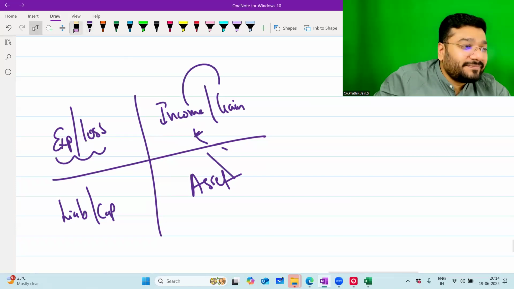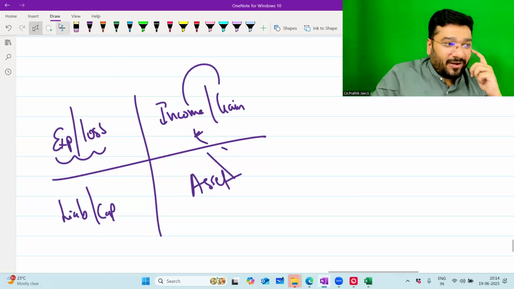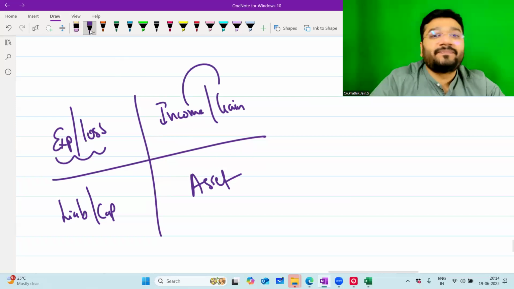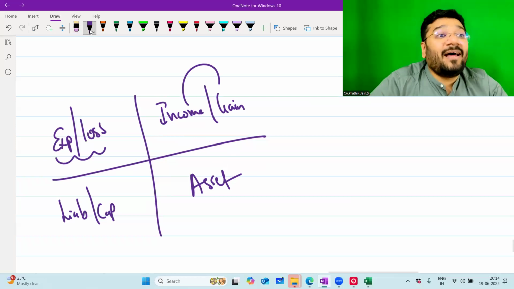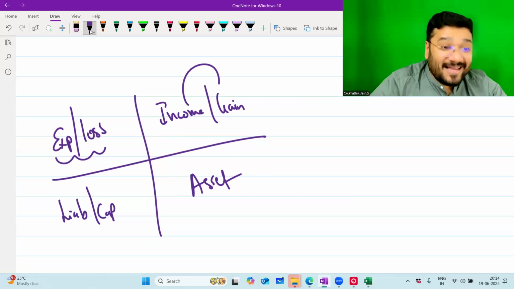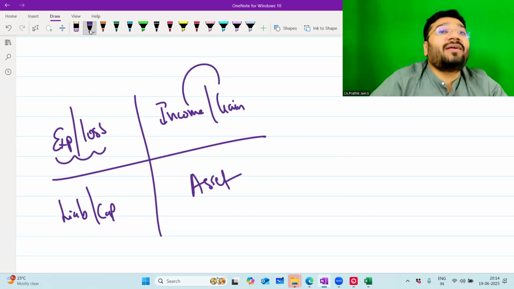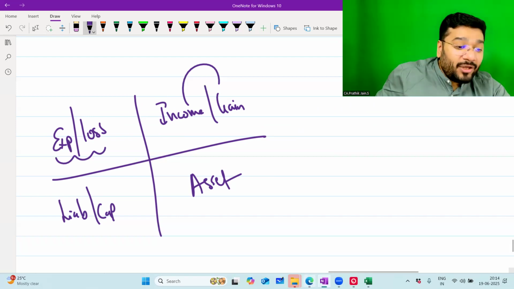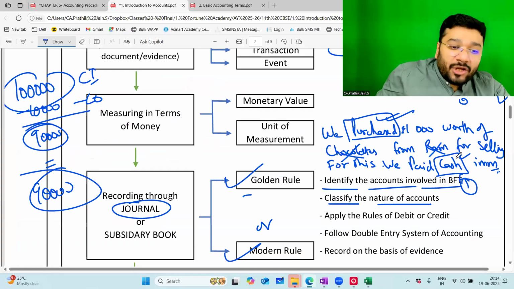Land and building. Asset. Very good. Online people are also answering. Plant and machinery. Asset. Creditor. This is a liability. Who are creditors? In this example, you purchase goods from Ram. Imagine you're not paying cash now.